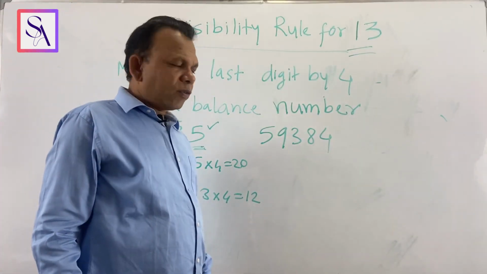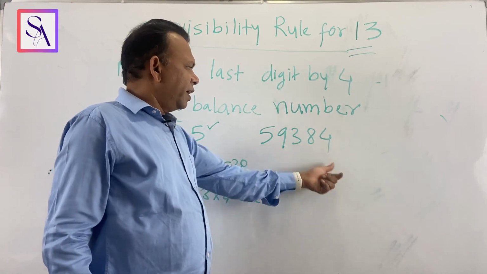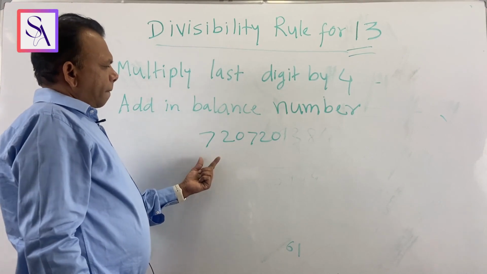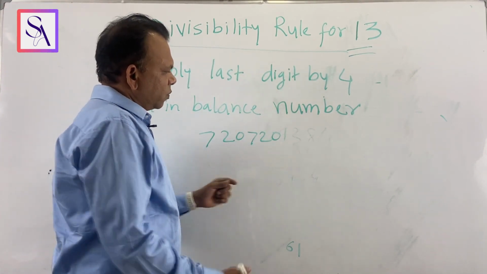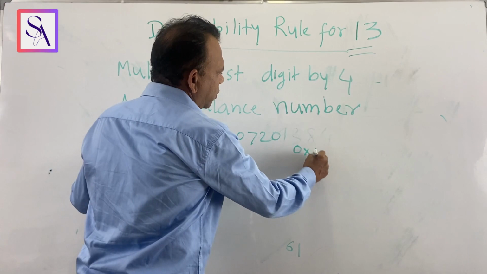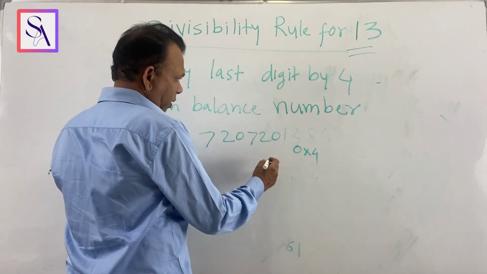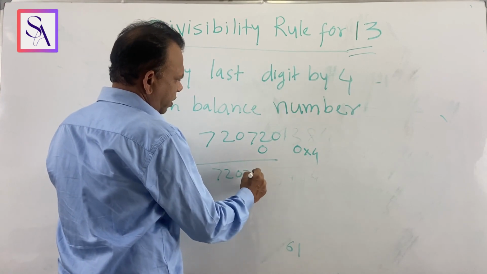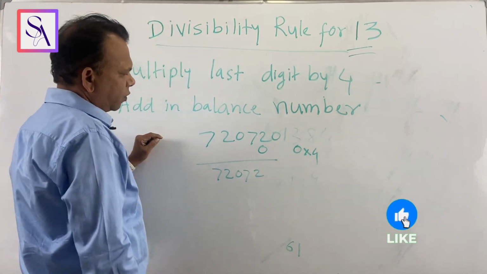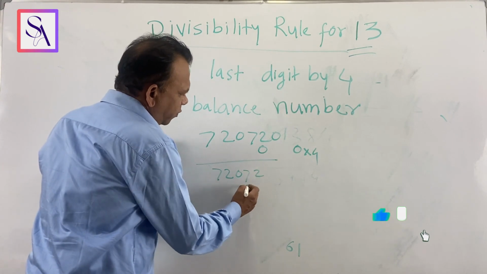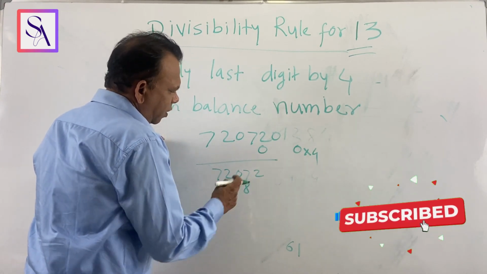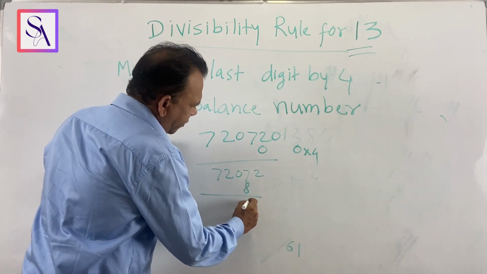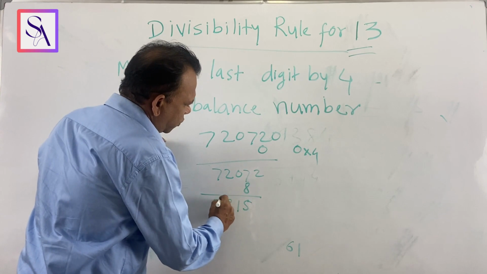Similarly, we can find out for this bigger number 720720. If I multiply this 0 by 4, 0 will come and we have to add this 0 here, 72072. Again this 2 by 4, so add 8, 2 4s are 8, 15, 2 7.